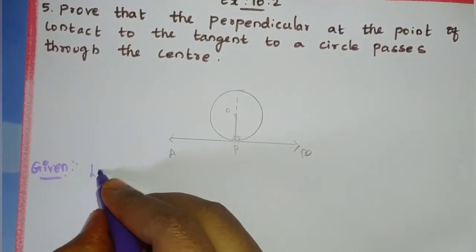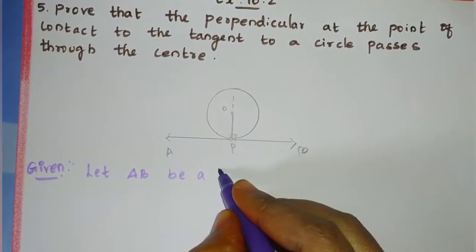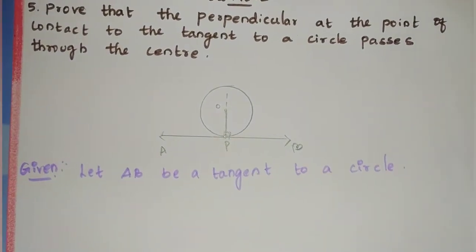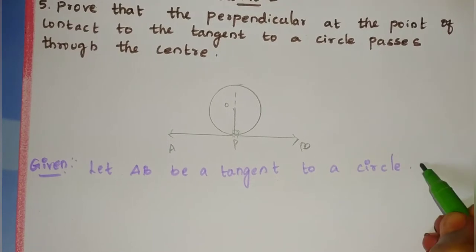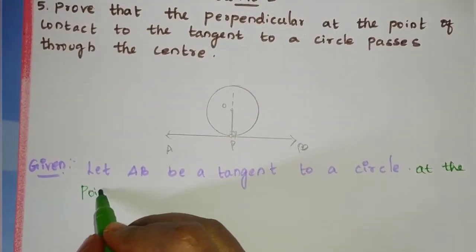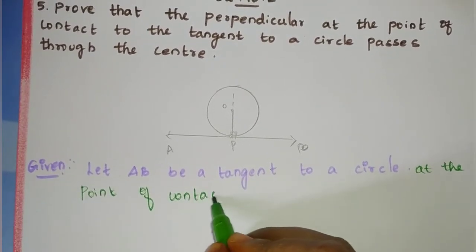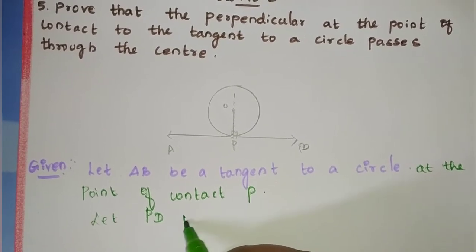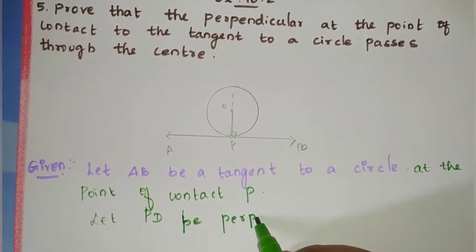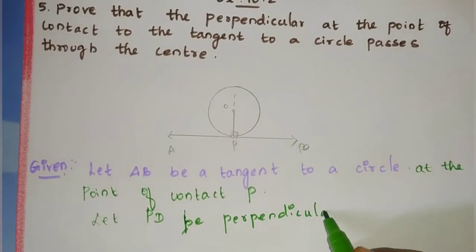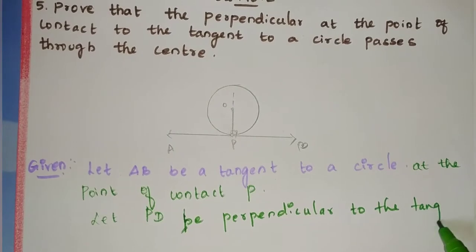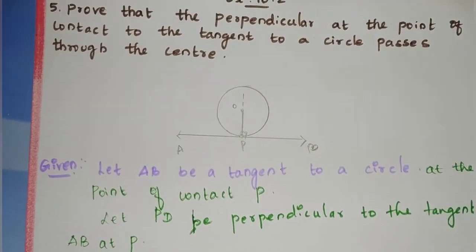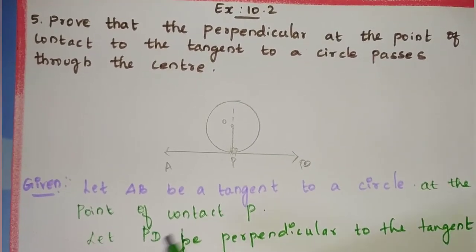Given: let AB be a tangent to a circle at the point of contact P. Now let PD be perpendicular to the tangent AB at P. So what we are going to consider is that D, one line is there.